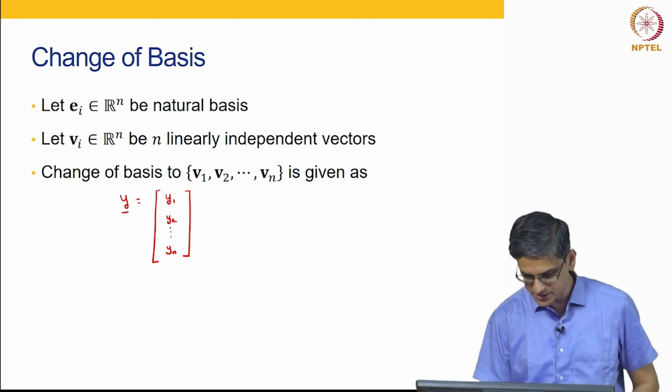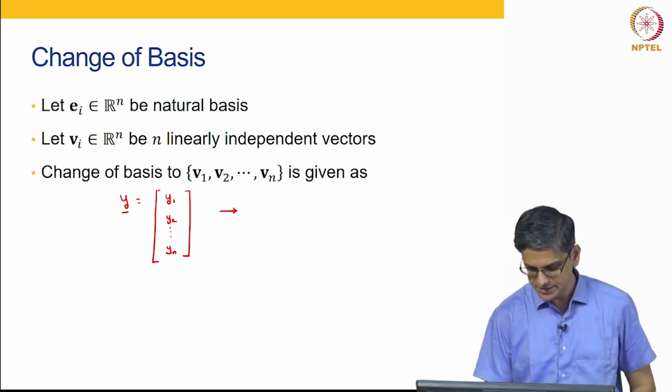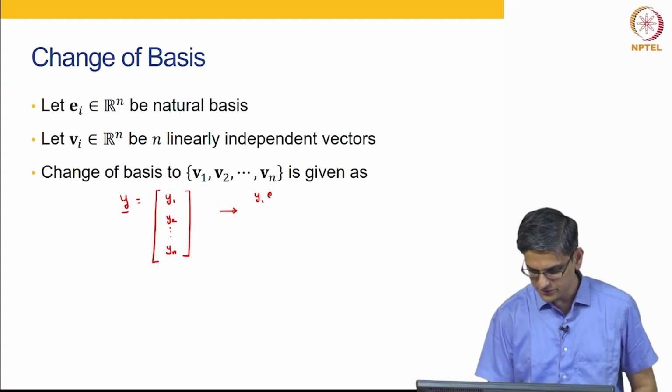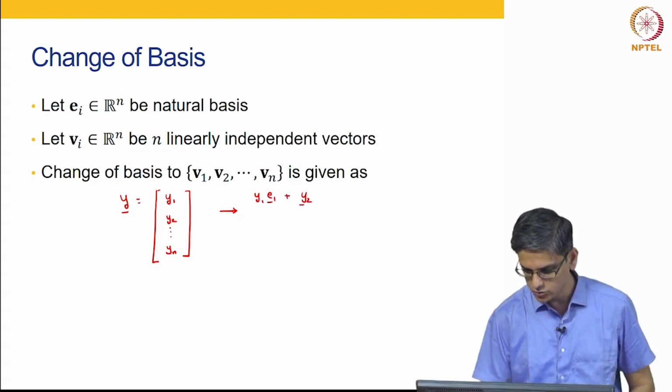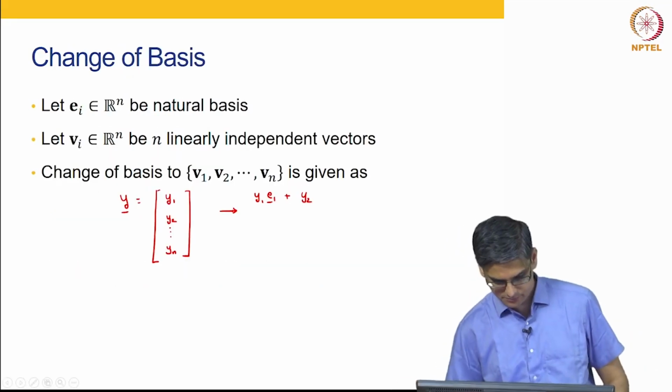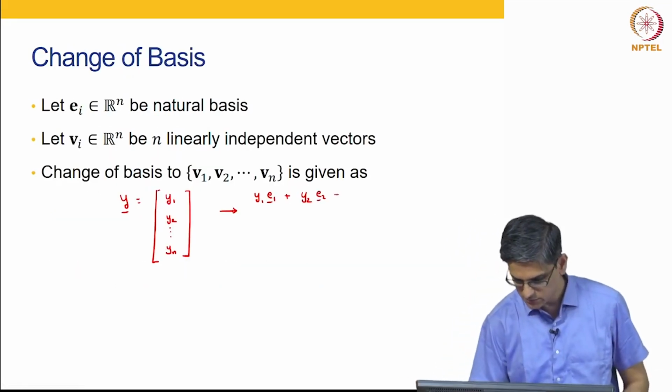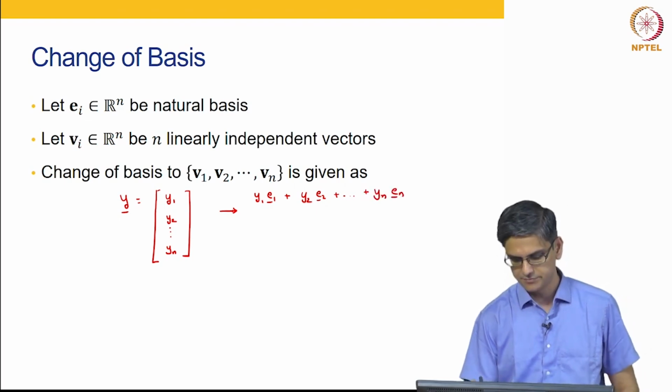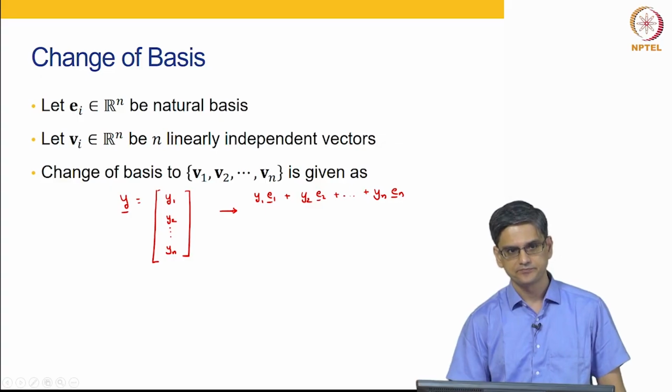What that really means is that it is y1 e1 bar plus y2 e2 bar plus so on up to yn en bar, that is our y bar.